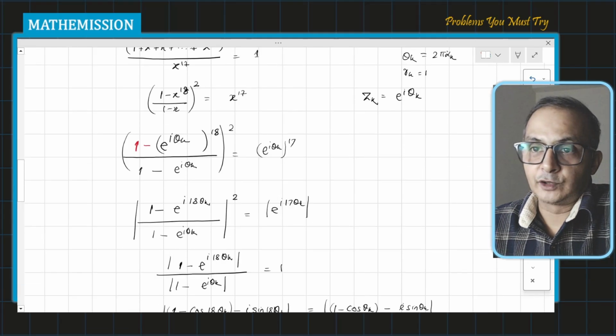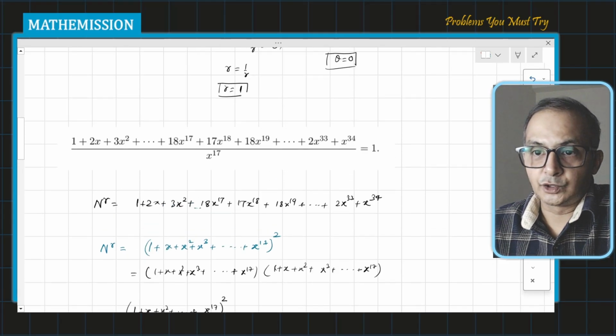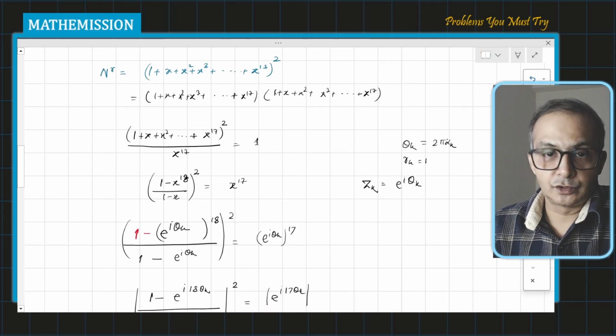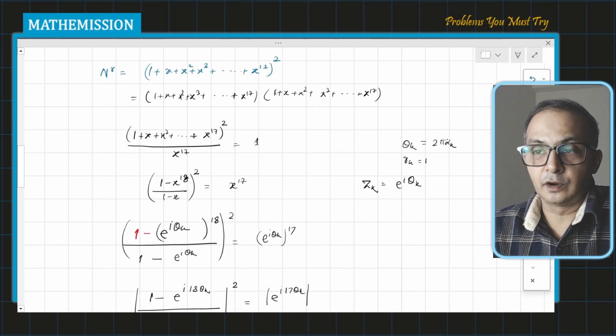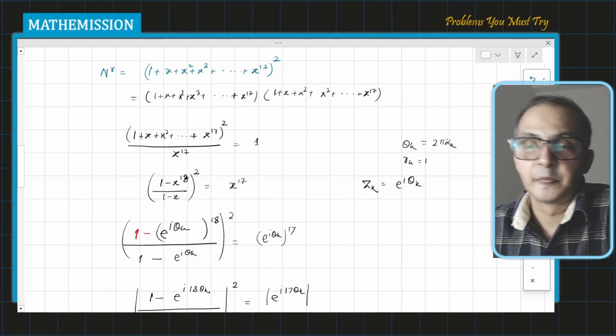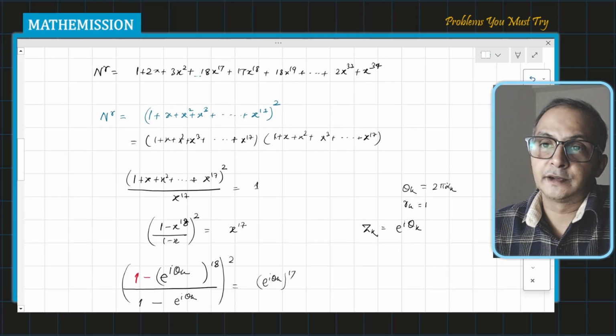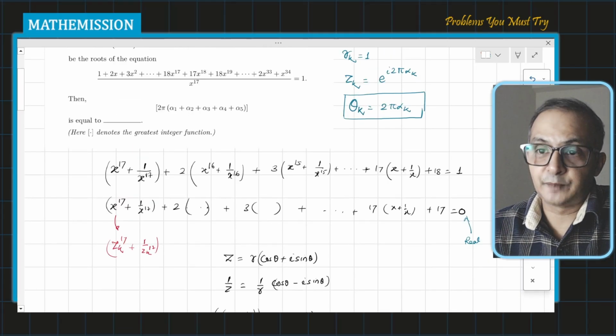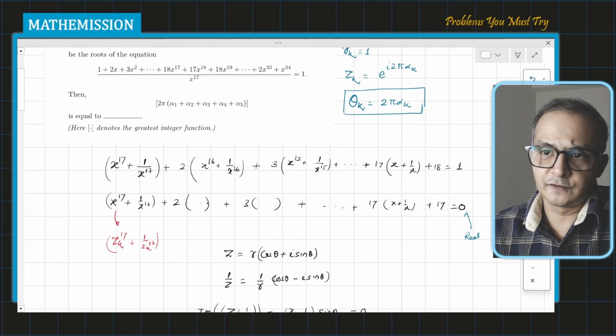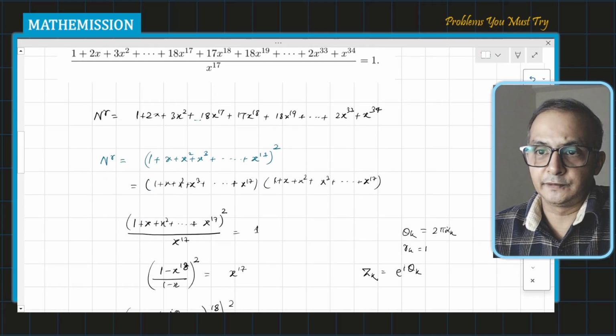Okay, now there's one more important thing I wanted to convey here: why the magnitude of this complex number for all Rk is 1. One method I already explained, so maybe it's not so convincing, but let's try to understand here.